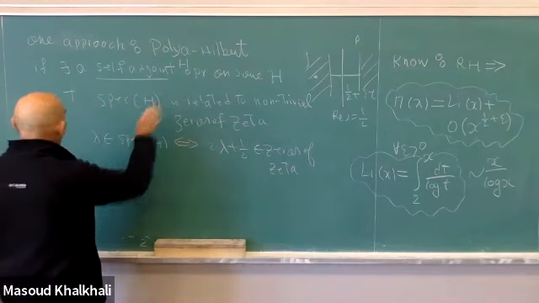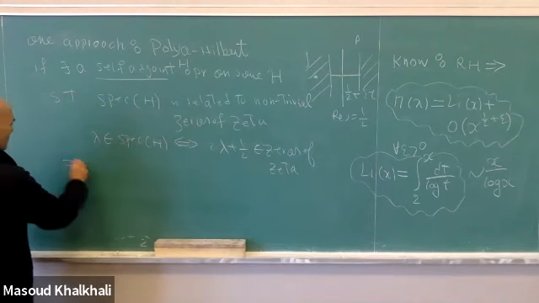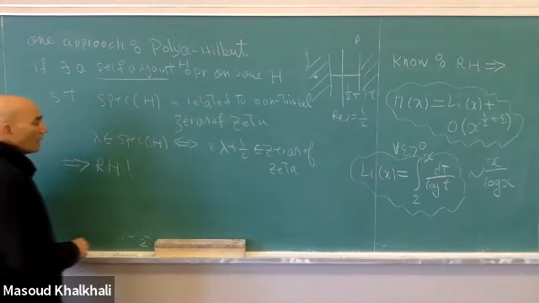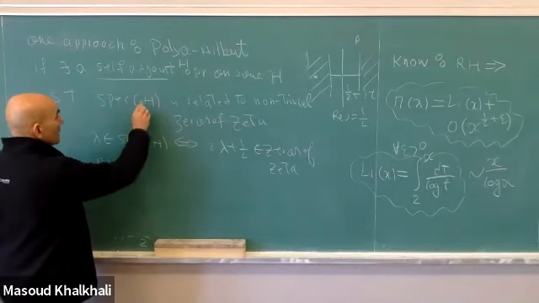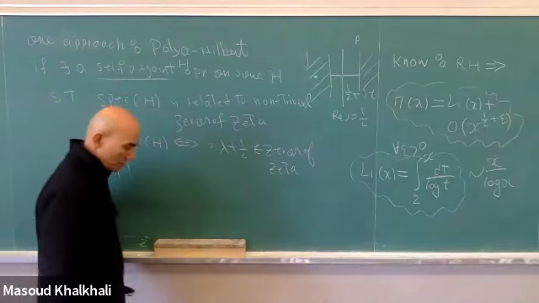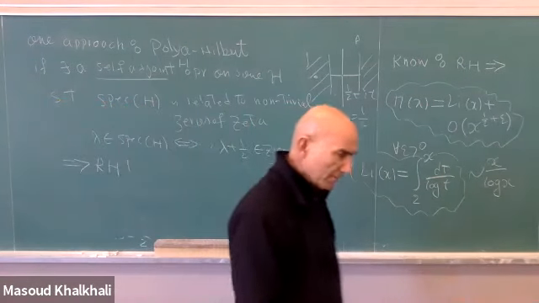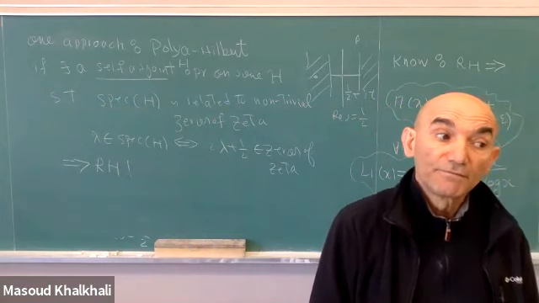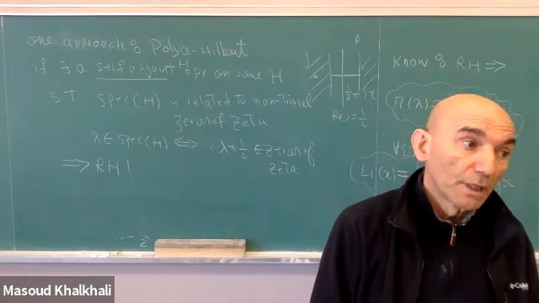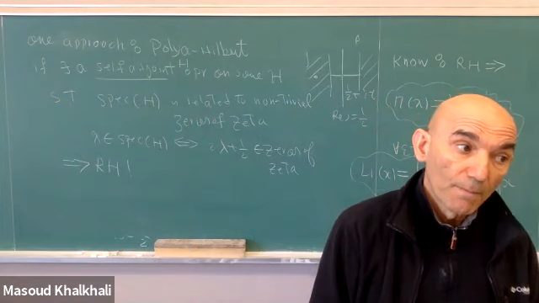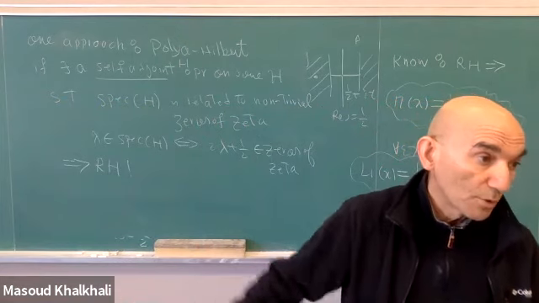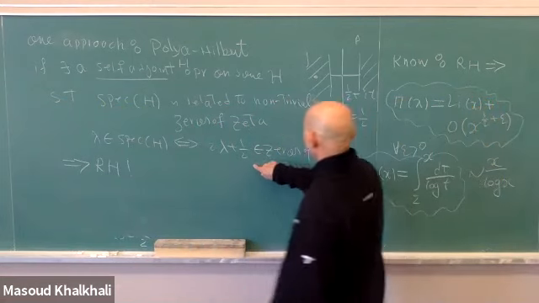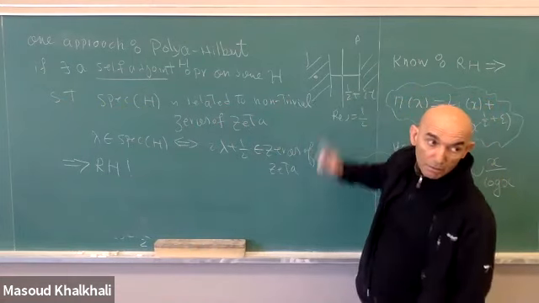Then this implies the Riemann hypothesis. Why? It's trivial, because in spectral theory, if you have a self-adjoint operator, bounded or unbounded, its spectrum is real. And the spectrum being real means the zeros are on the critical line.